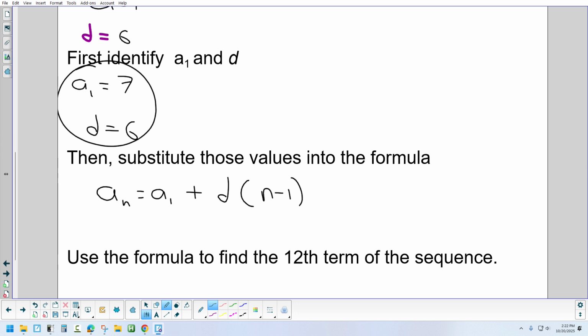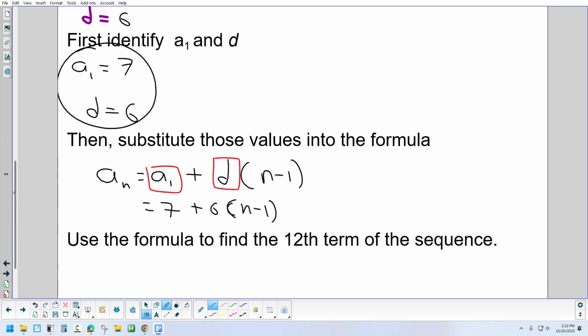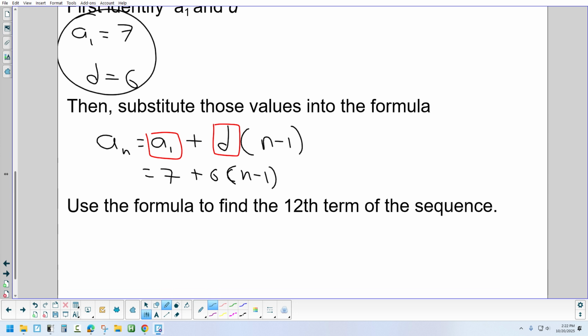Okay. What are we going to fill in for this? 7. And what are we going to fill in for this? 6. Okay. So now you have a number on the outside of parentheses. Does anybody remember what property we have to use here? Distribute, perfect.